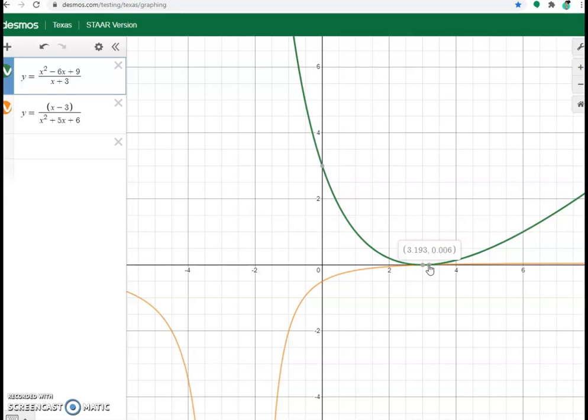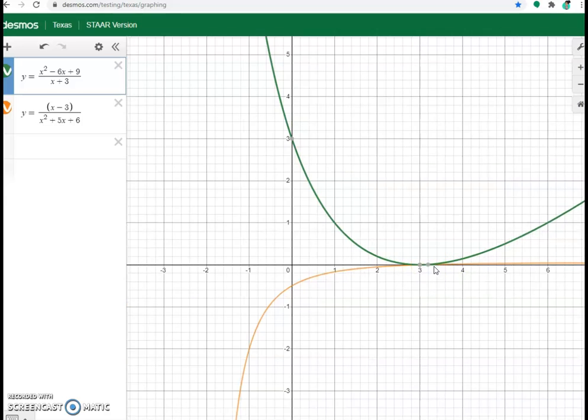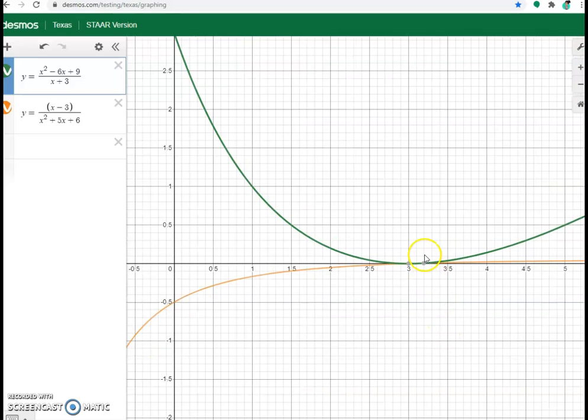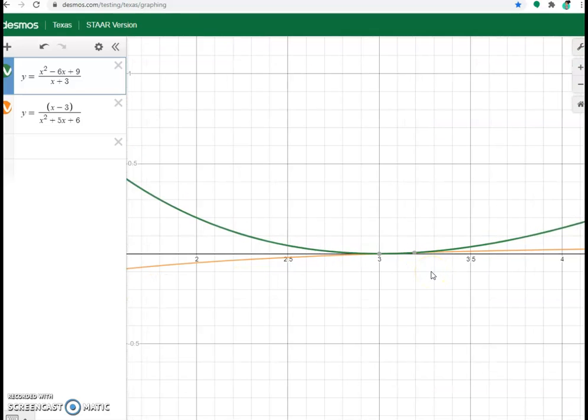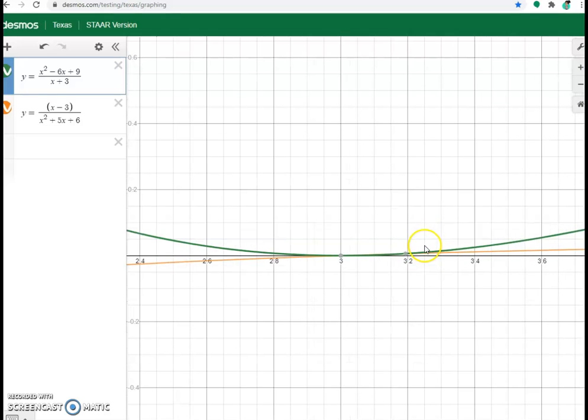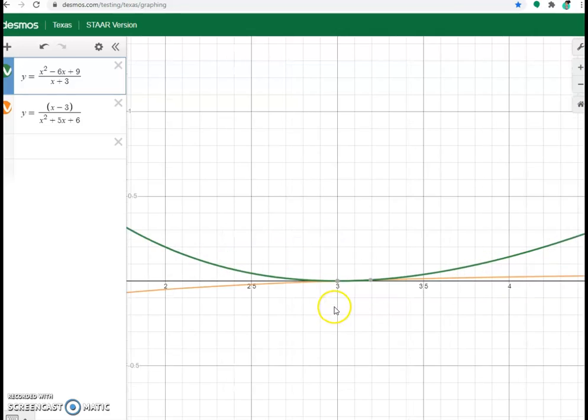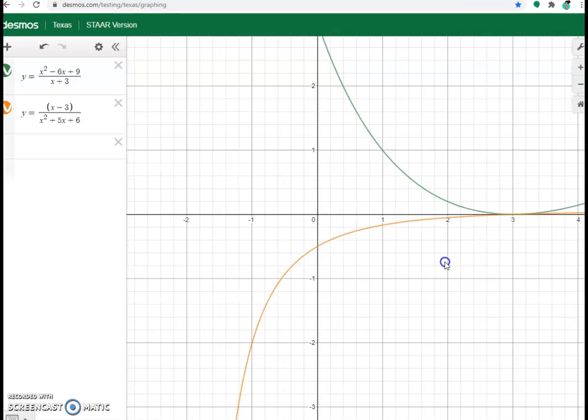This other point, guys, is not on the x-intercept. It may look like it because we're too far, but if you zoom in, you would see a gap, and that is not an x-intercept. This is an x-intercept, which is the 0 of your function. Therefore, the answer to this question is letter A.